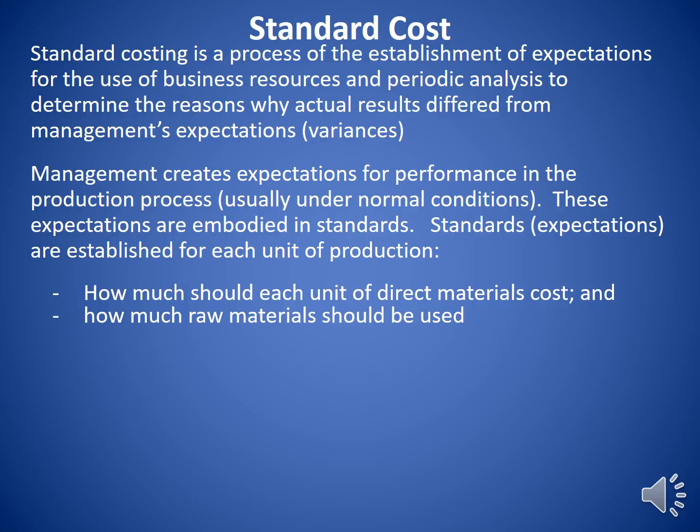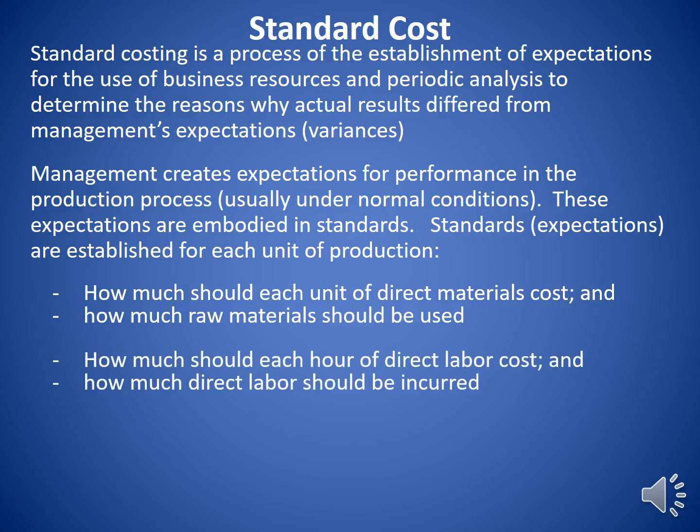So we ask, how much should each unit of direct materials cost? And also, how much material should we actually use when we're making the unit? Number two, how should each hour of direct labor cost? Should it cost $10 an hour, $20 an hour, and so forth?